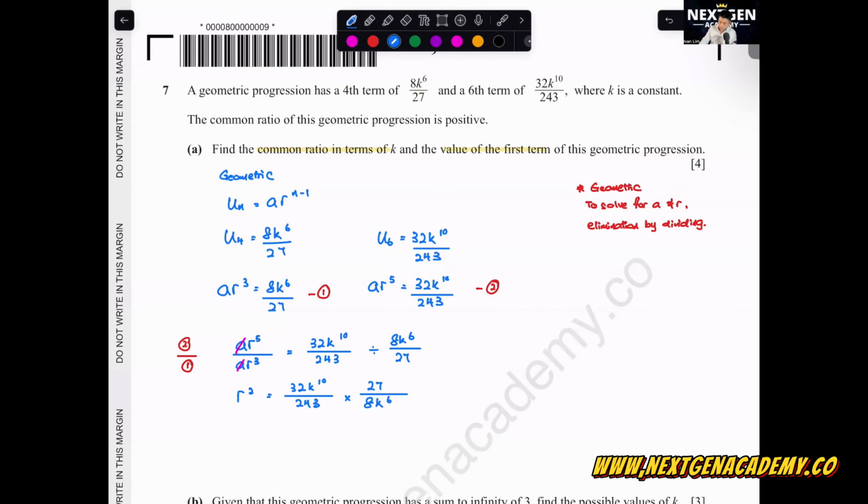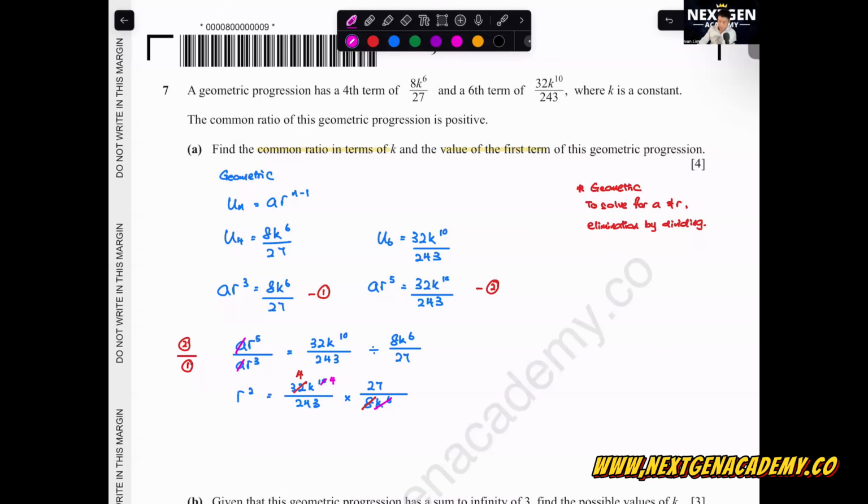Okay, let's see. What can we simplify here? 32 and 8, this one is 4. k to the power 10 and k to the power 6, this one will be k to the power 4. Okay, 27 and 243, can simplify or not? Okay, 27 and 243, go and test.